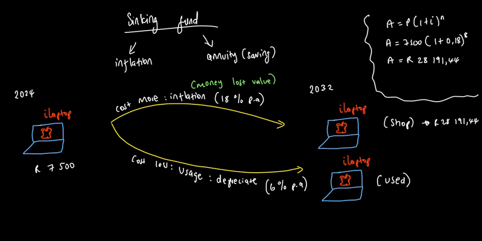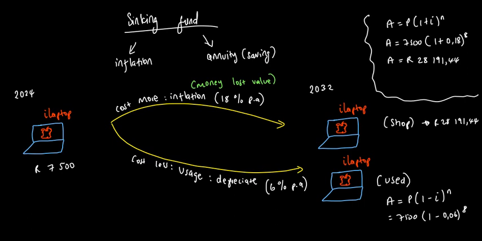How would you calculate it? You would say, okay, A is equal to P into 1 minus i to the power of n. You say it used to cost 7,500 and then 1 minus 0.06 to the power of 8.